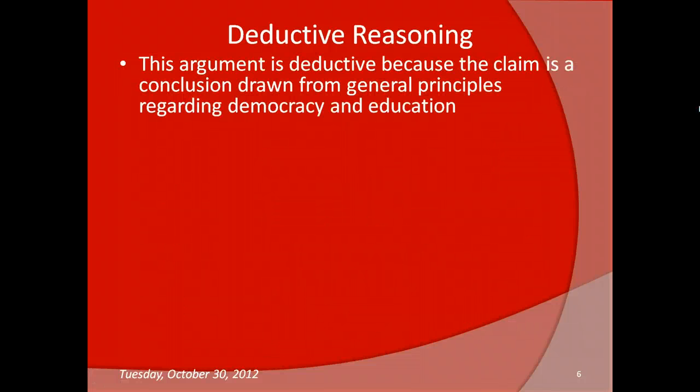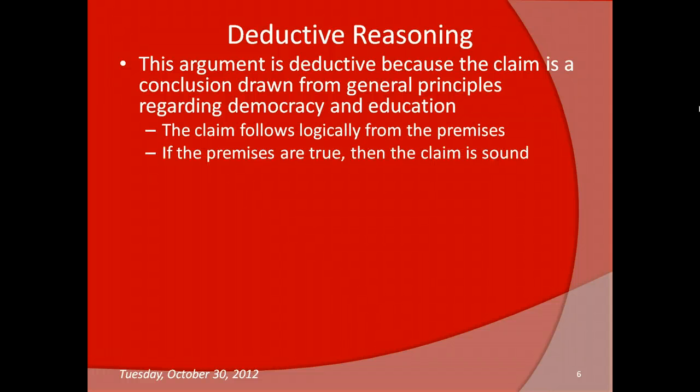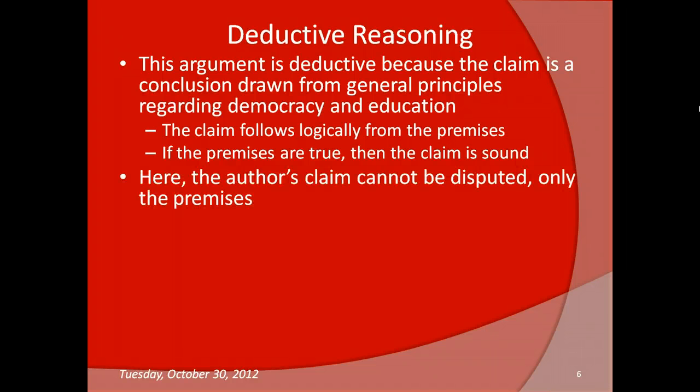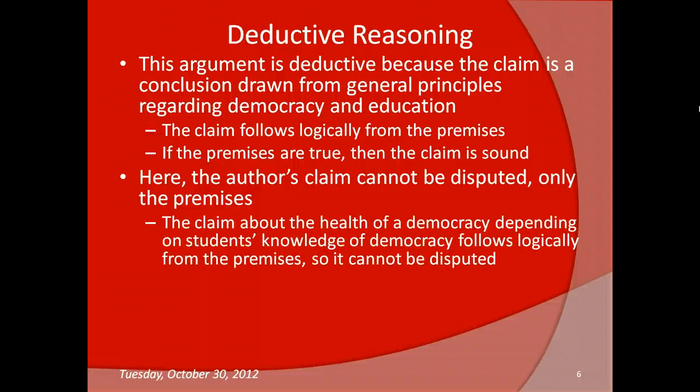So this argument, as I said, is deductive because the claim is a conclusion that is drawn from general principles regarding democracy and education. The claim follows logically from those two premises. If the premises are true, remember that claim is 100% sound. Here, the author's claim cannot be disputed, only the premises. The claim about the health of a democracy depending on students' knowledge of a democracy follows logically from the premises, so it cannot be disputed.